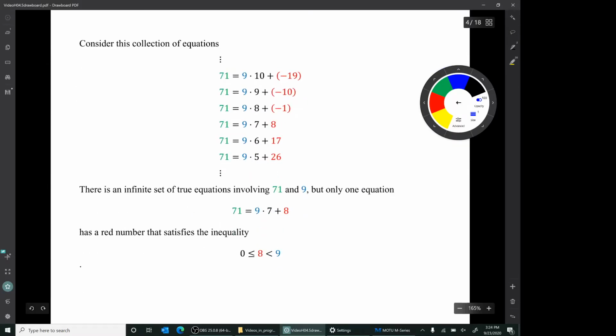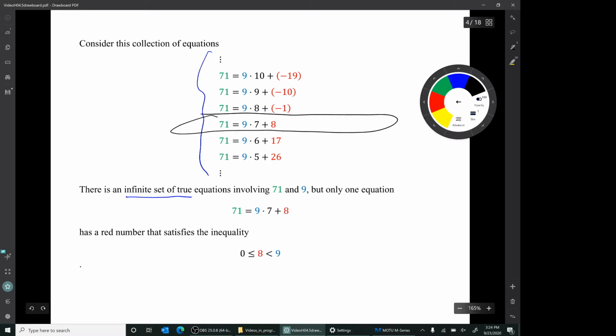So we'll start by considering a collection of equations, a whole bunch of true equations, an infinite set of true equations, and they all involve this green number 71 and this blue number 9. Notice, though, that within this whole collection of true equations, there's only one equation, that one, that satisfies this inequality.